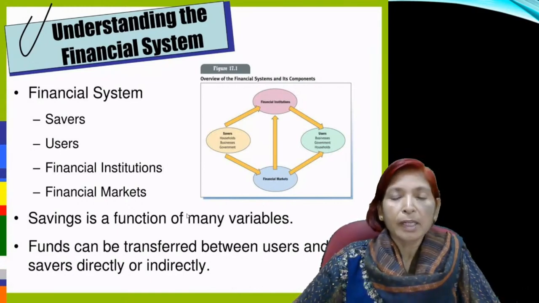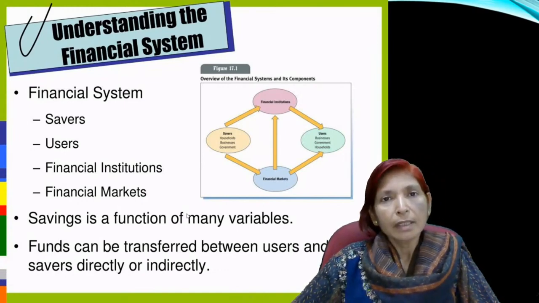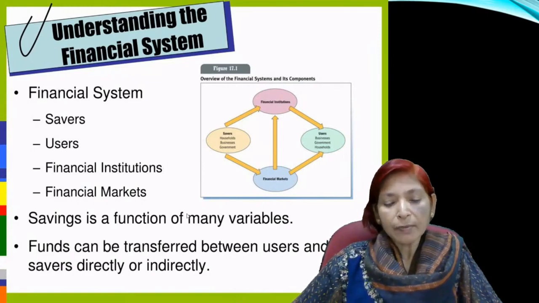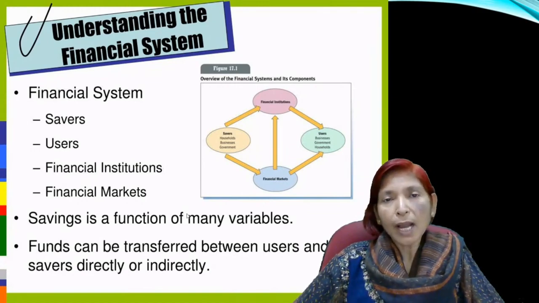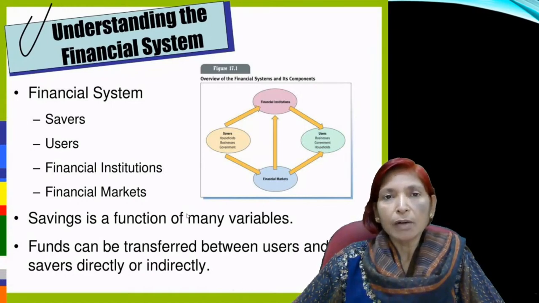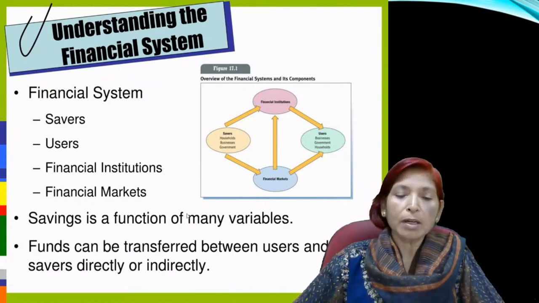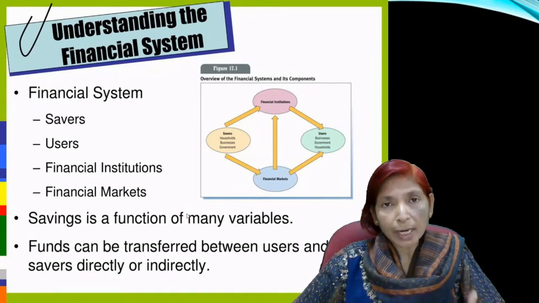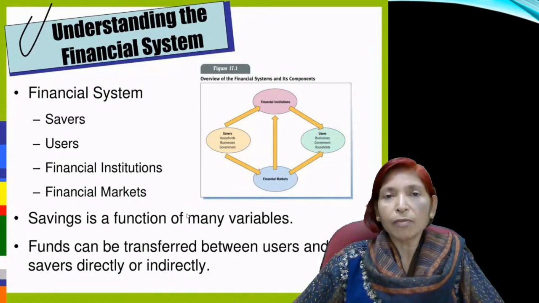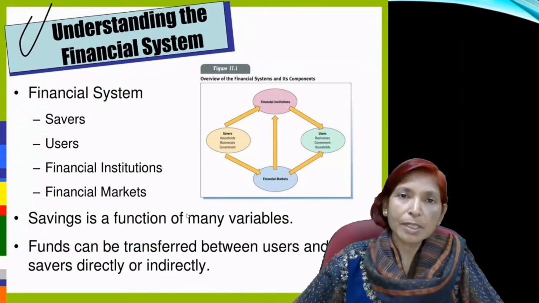Funds can be transferred between users and savers, either directly or indirectly. Savers are those persons who have surplus money and are not using it. They want to save their money and get interest in return. Users actually invest that money in business enterprises and in the production of goods and services.